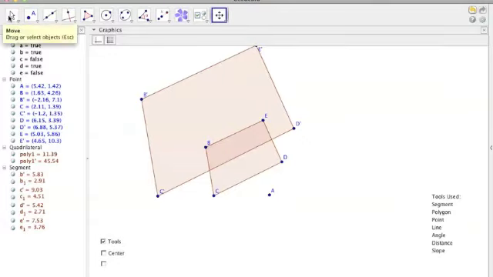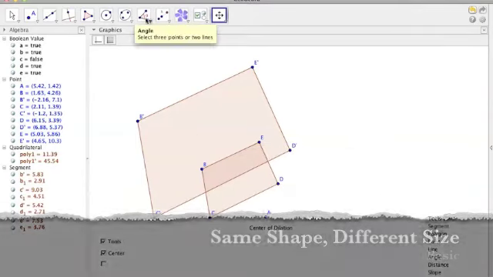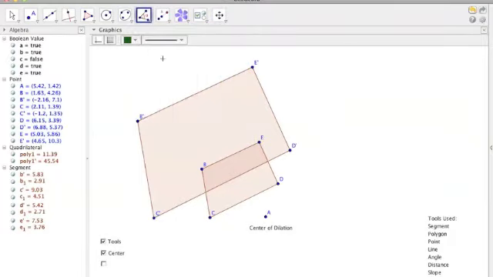Let me just label that. Here's my center of dilation. First off, one of the basic things that we learned the first time we talked about dilations was that we should have same shape, different size. So overall, I can kind of get that impression. I could check this pretty quickly by using the angle measure tool.